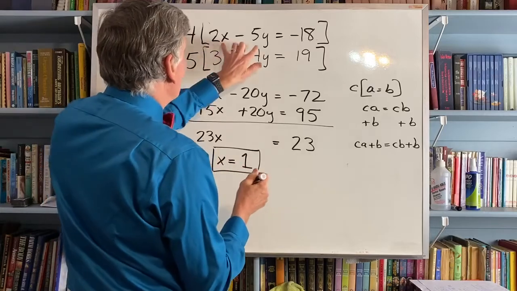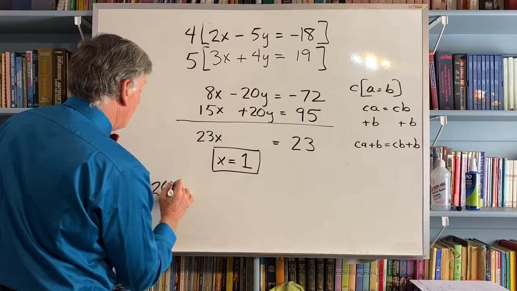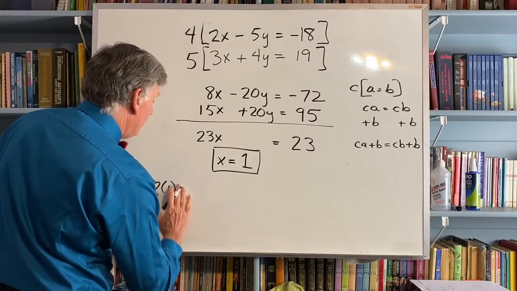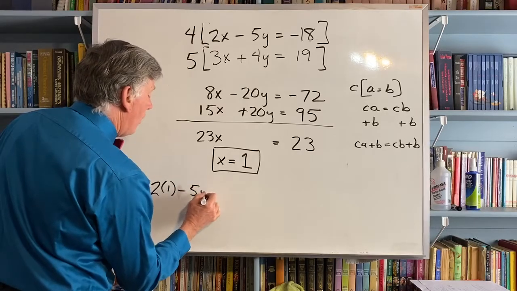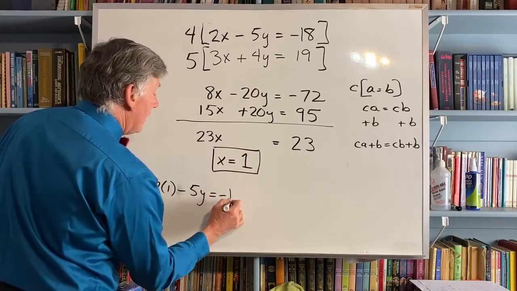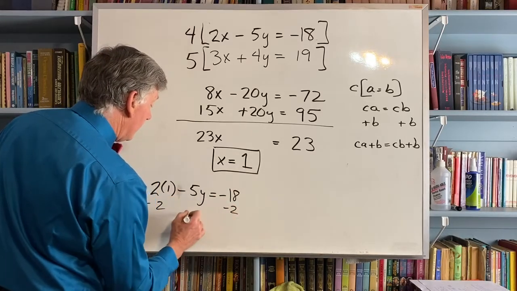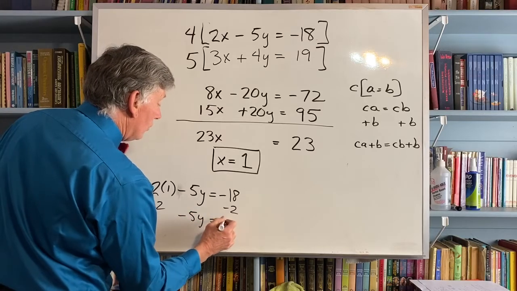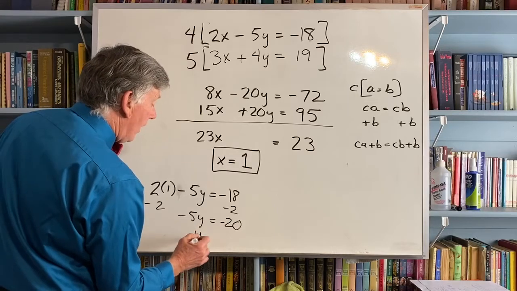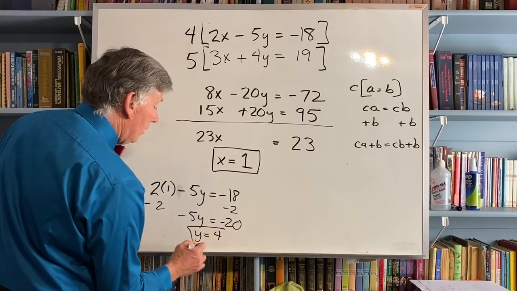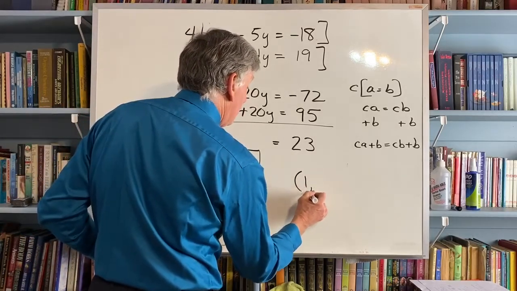Substituting back into my original equation, if x is equal to 1, then 2 times 1 minus 5y is equal to minus 18. When I subtract 2 from both sides, I get negative 5y is equal to negative 20, which means that y is equal to 4. So my solution is 1, 4.